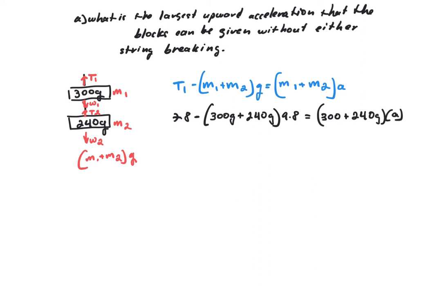Okay, so we have 7.8 minus 0.540 kilograms, because we have to convert our grams to kilograms, right? So let me write this up here real quick.